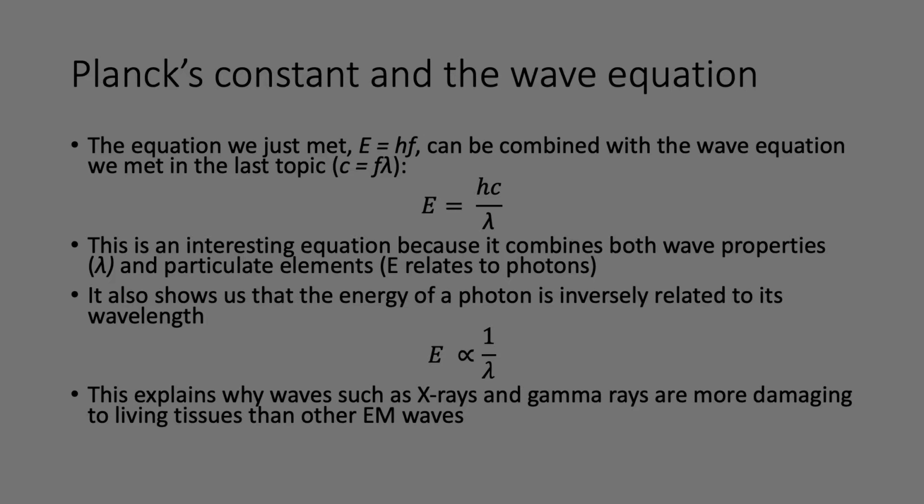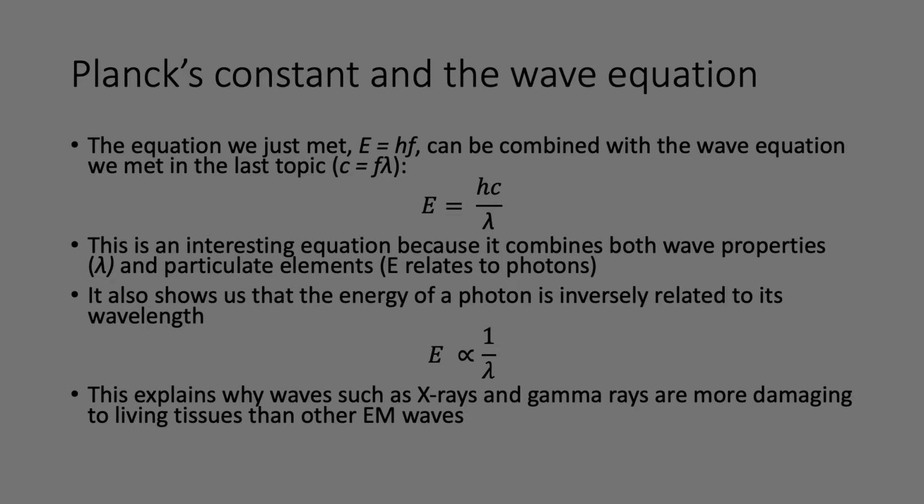And we've already learnt that X-rays and gamma rays are the most damaging. We refer to those two and UV as ionizing radiation because the photons carry enough energy to ionize atoms, which in the case of living tissue is very damaging.